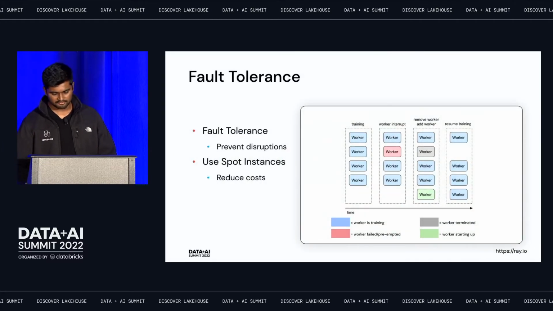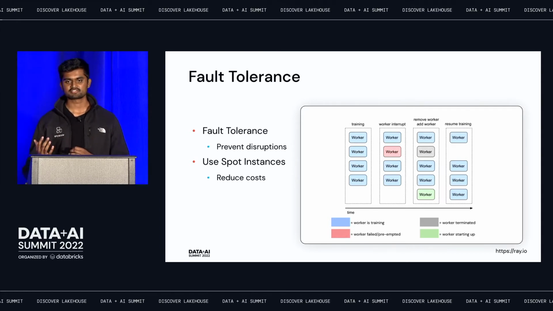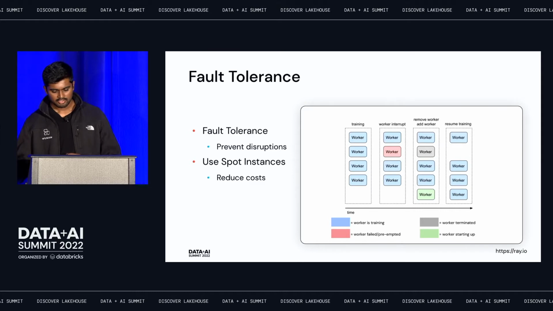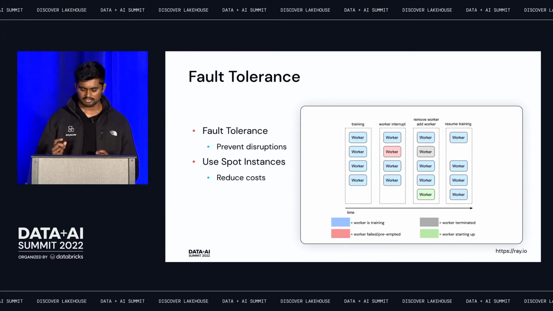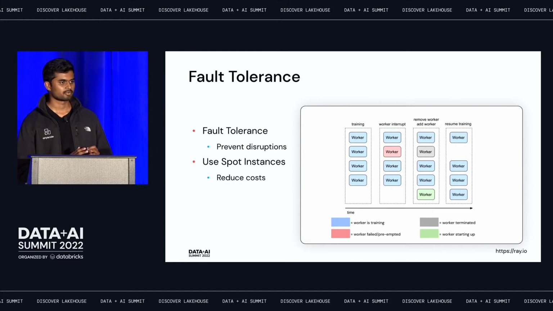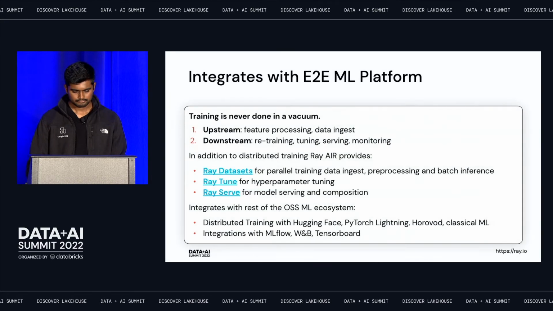So just an example of how this fault tolerance works: say you have 4 workers you're training with, and one of these goes down, so you have a spot instance and the node gets preempted. Because you have checkpointing enabled, the Ray autoscaler will automatically spin up a new node for you, and then you can resume training from the last checkpoint. So no need to restart training from the beginning.